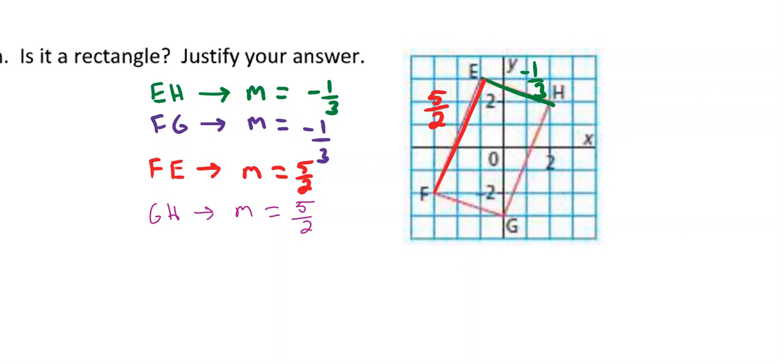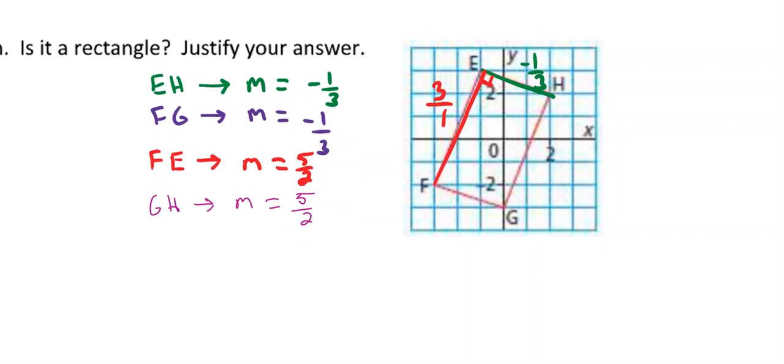So those aren't negative reciprocals of each other. If they were, we should have expected this to be 3/1. Then it would have made a 90-degree angle there. So this is not a rectangle.